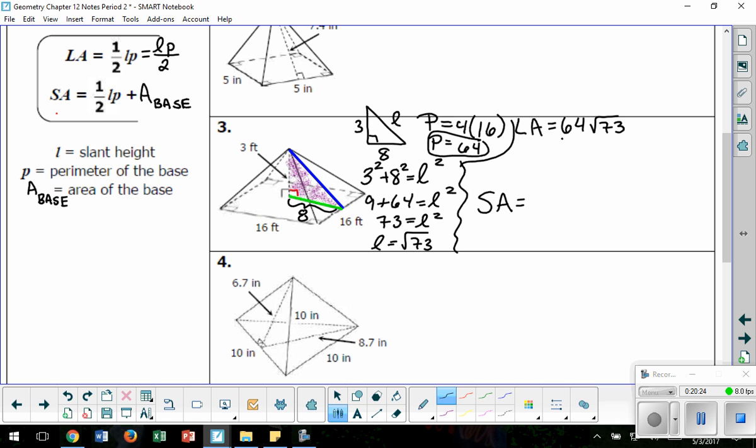So this is going to be divided by 2, which is going to be 32 square root 73. Better? Okay. So 32 square root 73 plus 16 squared. Much better. Thank you for correcting that.